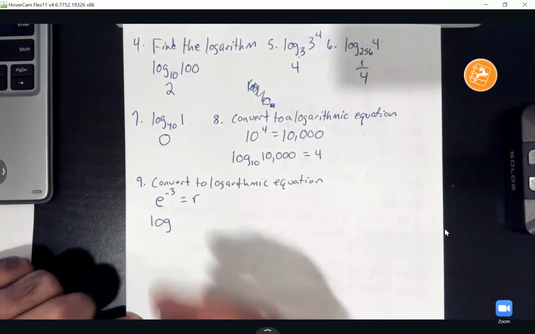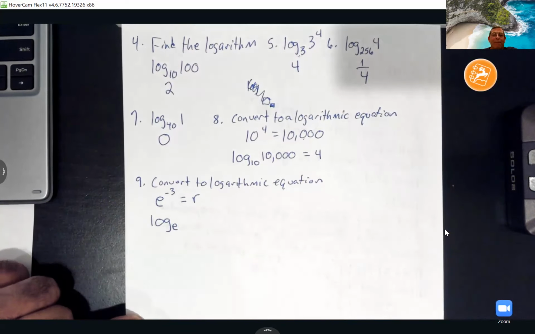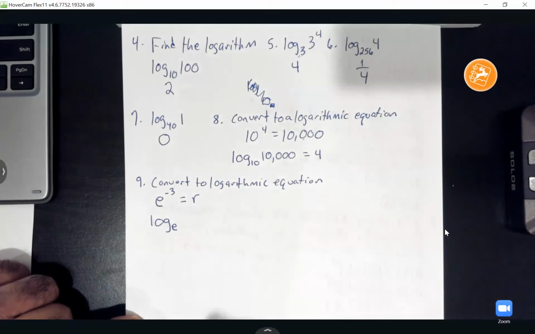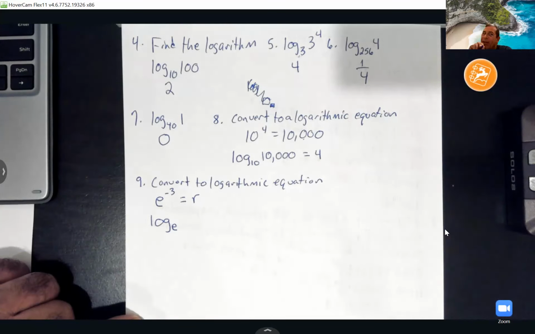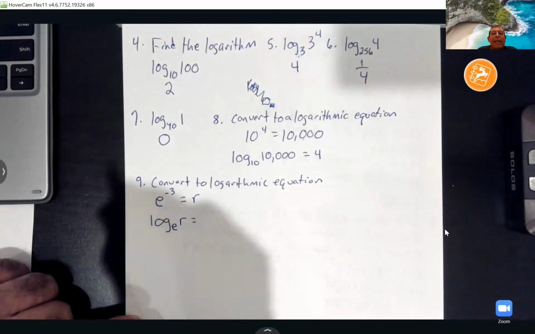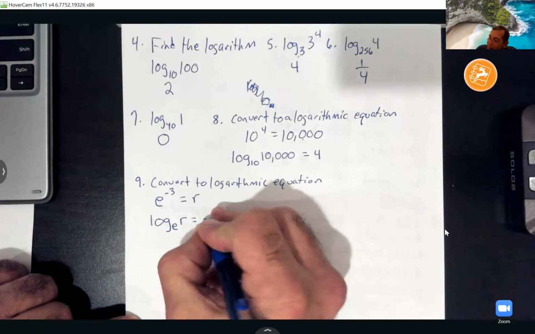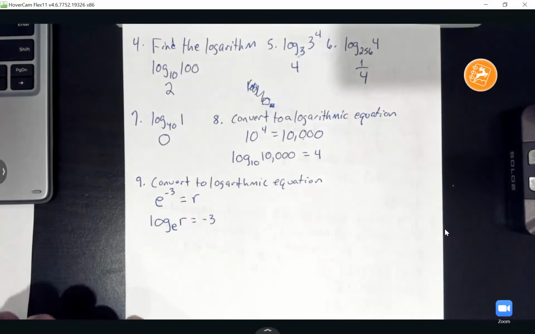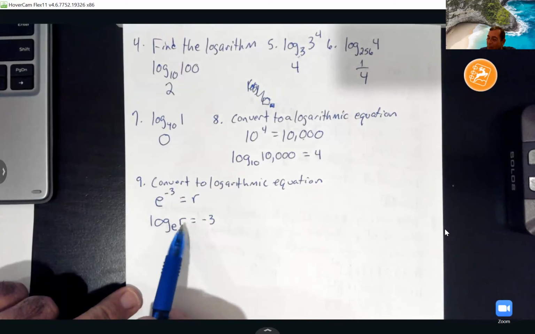What's my result going to be? Oh no, I heard someone say it, not the -3, but the r. And then remember, that's going to equal the exponent, which is -3.